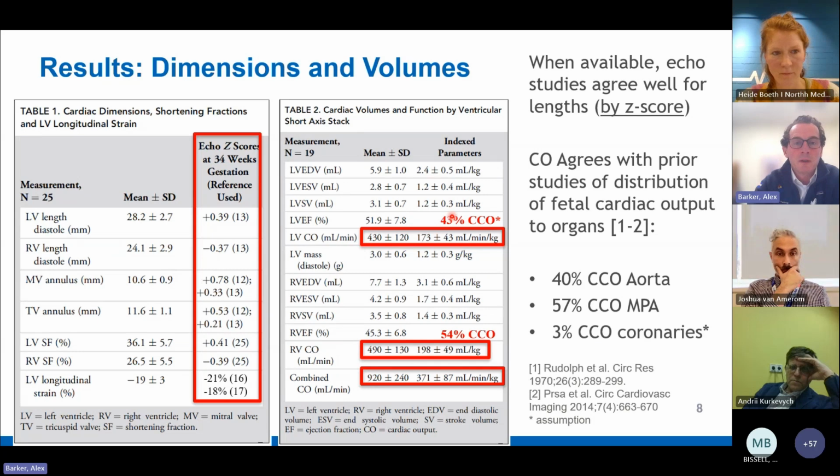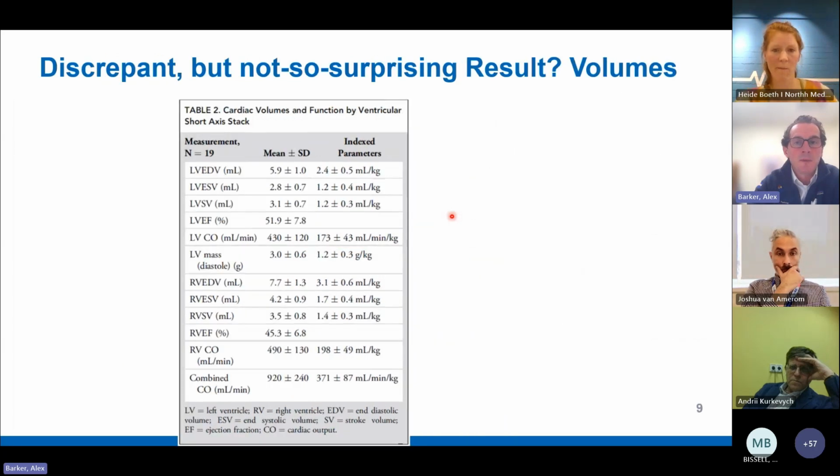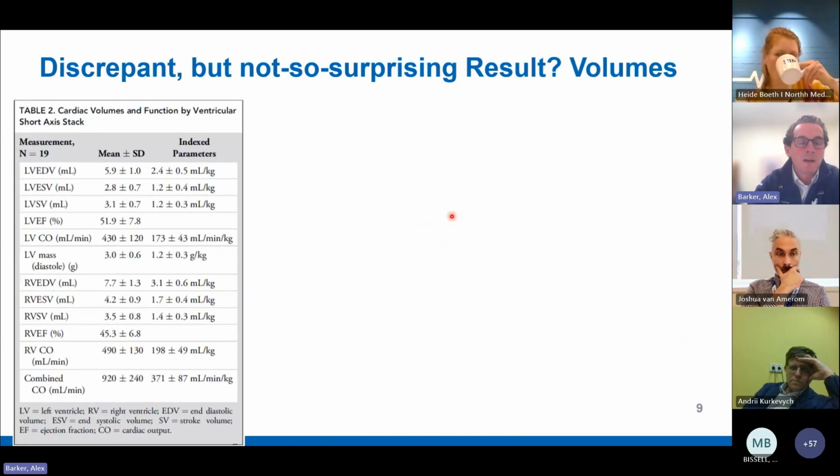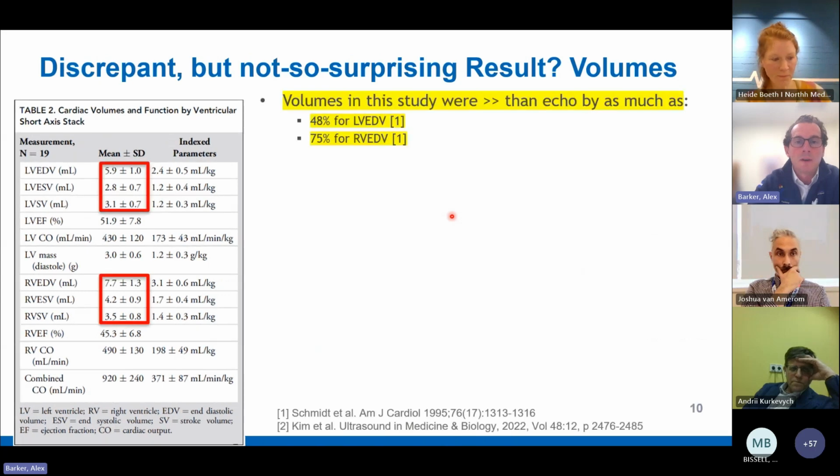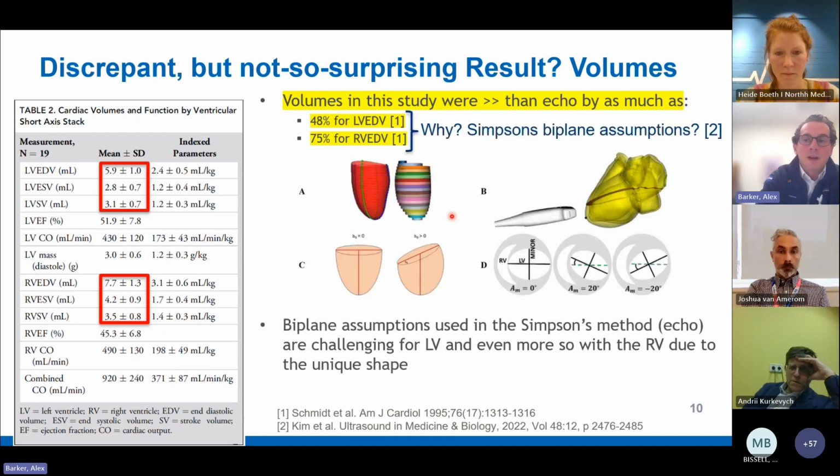This was encouraging, but what about our absolute volumes? Well, when we look at echo in terms of ventricular volumes, they were way higher for CMR, anywhere from 50 to 100% higher. This was initially concerning to me, but our cardiologists who do echo all day long said, yeah, that's not too surprising. We do a lot of assumptions.